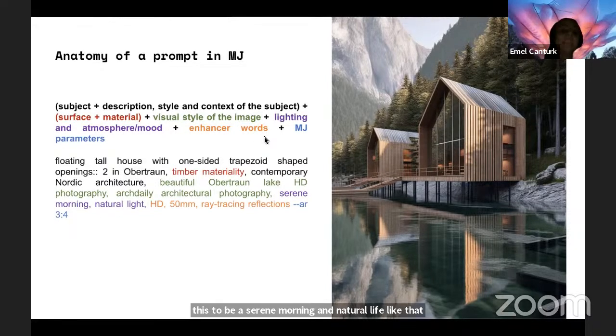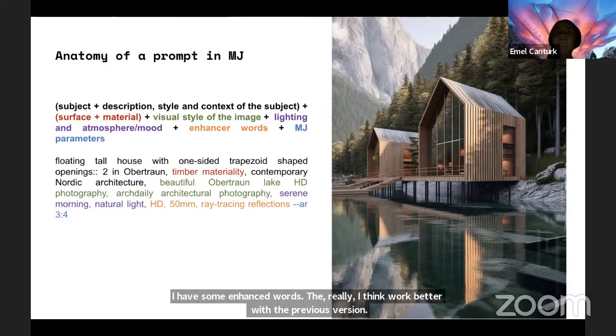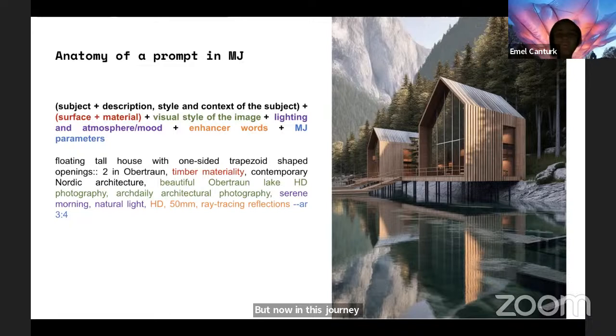Then I have some enhancer words. These enhancer words, I think, worked better with the previous versions. But now in Midjourney 5.2, you don't need enhancer words like photorealistic, deep, super detailed, blah blah blah. But for example, ray tracing reflections, I think, works well.